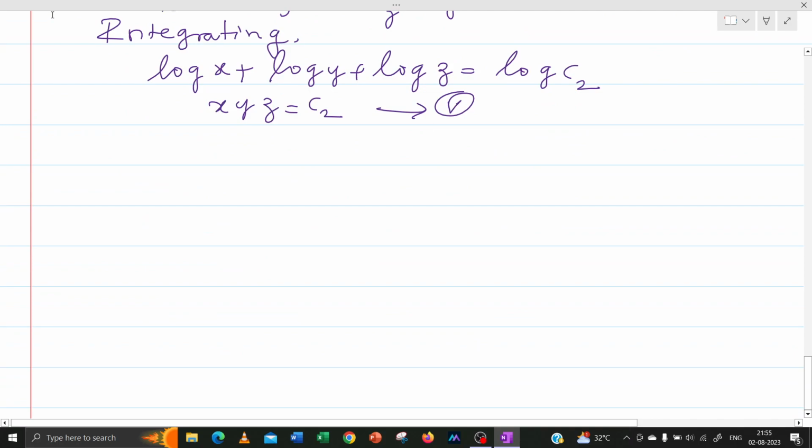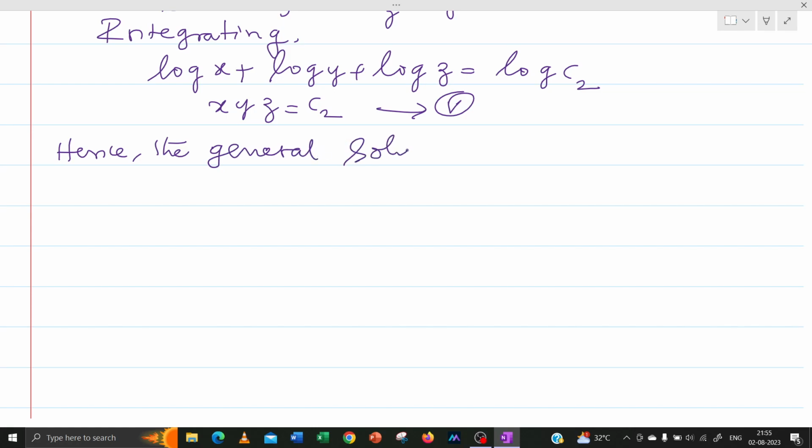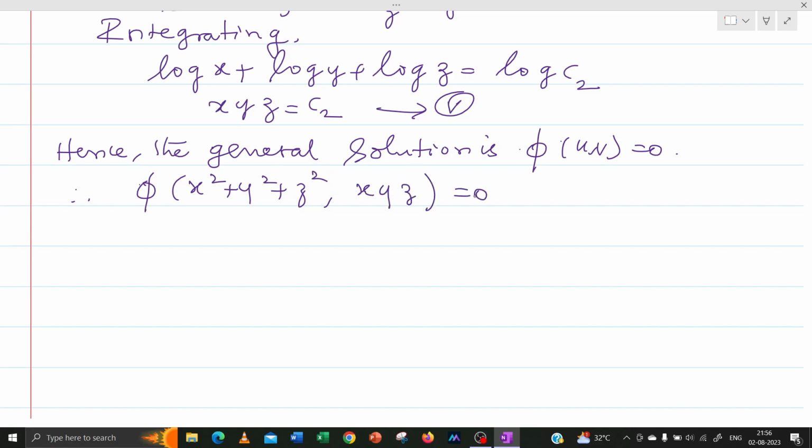So finally we can write the general solution: phi of u comma v equal to 0. Therefore we can write that as f of x square plus y square plus z square comma x y z equal to 0. This is the required general solution.